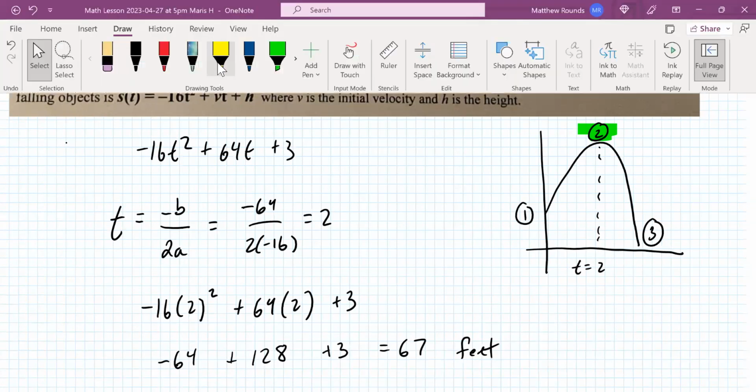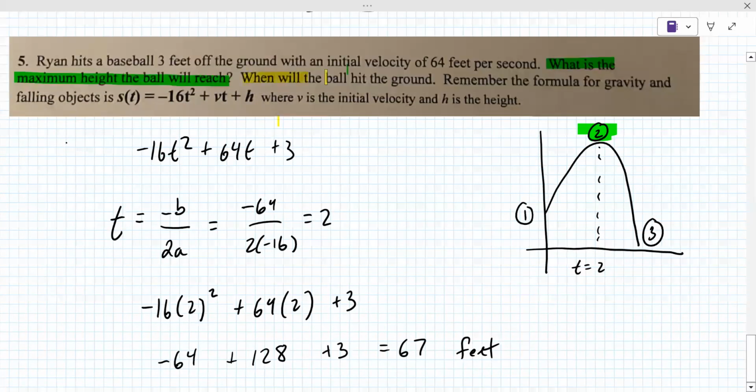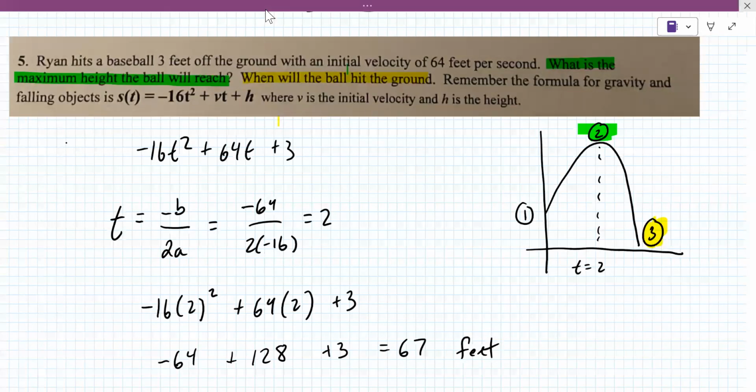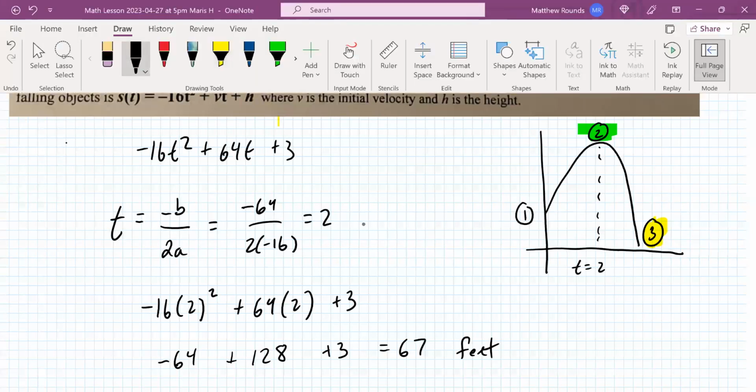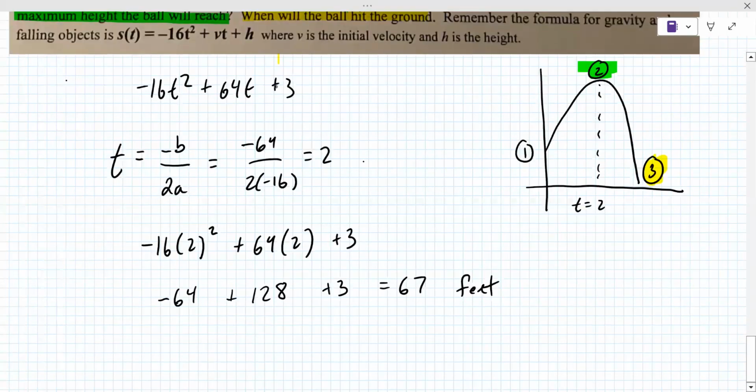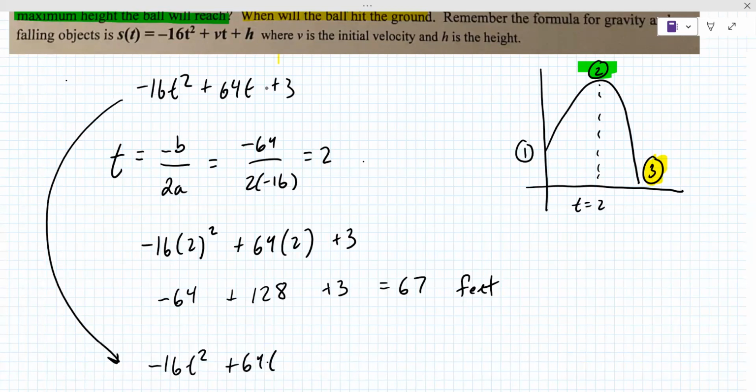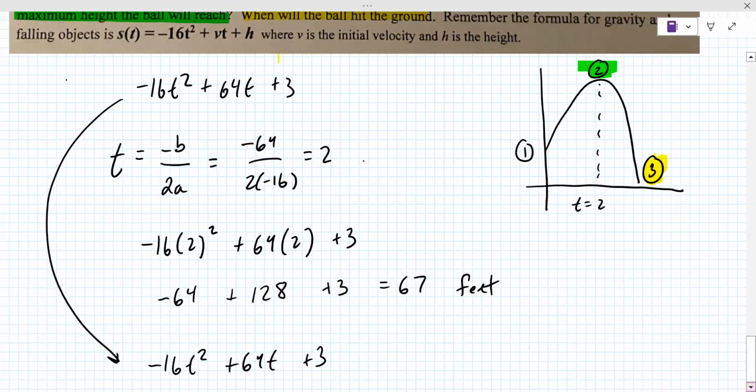But wait, there's more. We are now going to figure out when the ball will hit the ground. That's over here at 3. When will the ball hit the ground? Typically, in these types of problems, you're going to use the quadratic formula. They don't factor unless they choose really nice numbers.